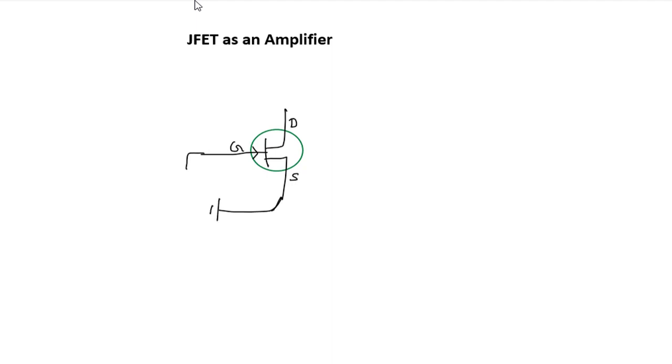So here I have to give negative polarity to the channel, and here we will apply the input signal, the weak signal, and at the drain you will have a resistance and VDS, the voltage between drain and source, plus VDS is applied here, and the output will be taken from here.